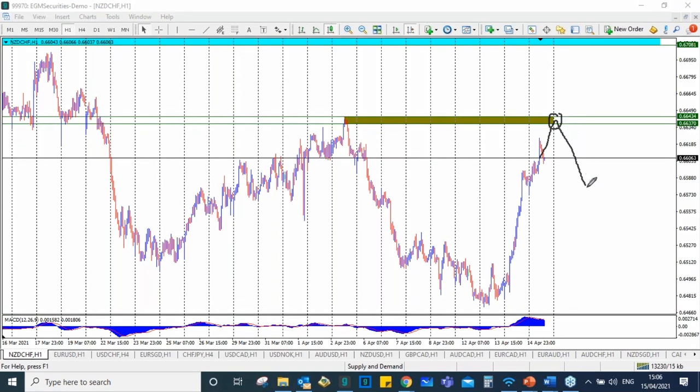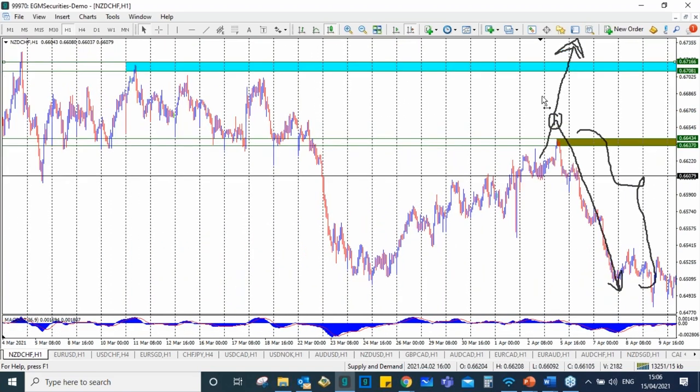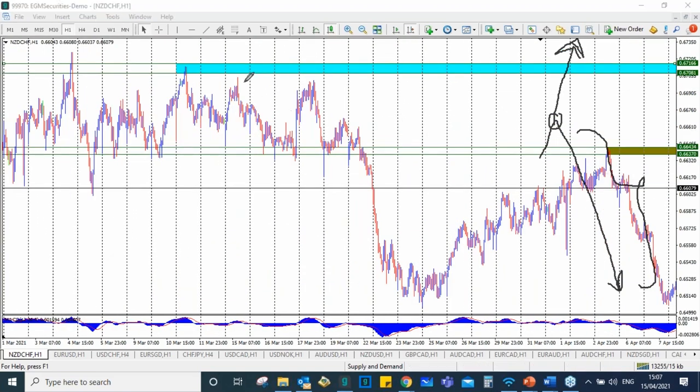So if it reverses, then that offers a nice opportunity to capture an extended move to the downside. If this level is broken, then we will be targeting to see how a price behaves once it gets to our second supply zone. So as you can see, this level has not been retested.